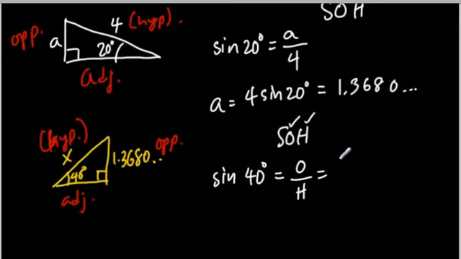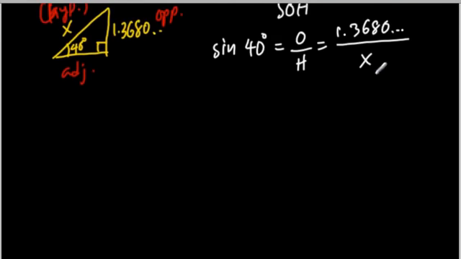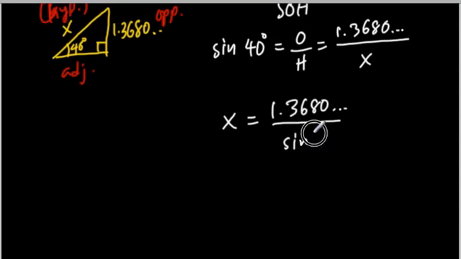So the opposite is 1.3680... all over the hypotenuse, which is x. If we rearrange this equation, x is equal to 1.3680... divided by sine 40. All I did was multiply everything by x, and then divide by sine 40. In other words, the x goes here and the sine 40 goes down here.